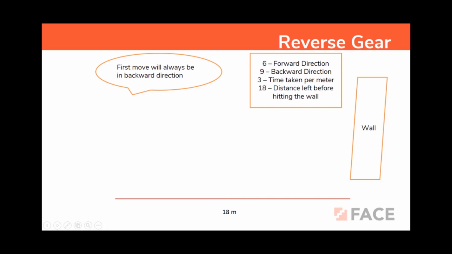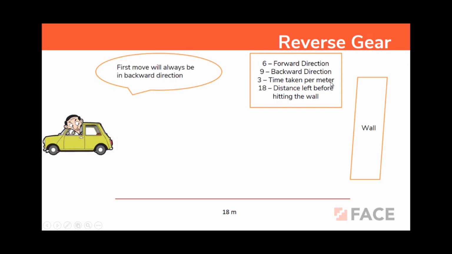Assume this is the wall and the distance between the car and the wall is 18 meters, and our Mr. Bean is trying to park his car. We should remember this point: the first move is always in the backward direction, and assume that 6 is the unit for forward direction, 9 is the unit for backward direction, and 3 is the time taken per meter.